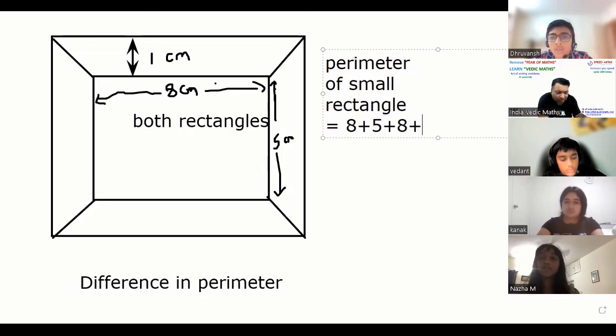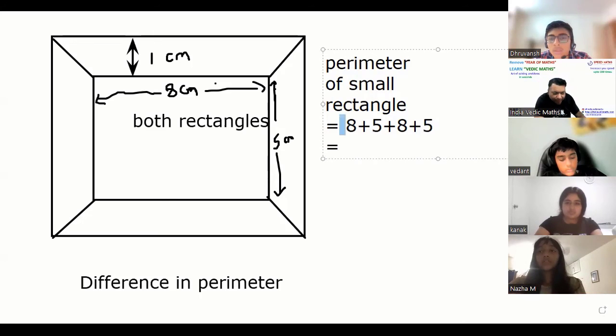A rectangle has equal opposite sides, right? If top is 8, this also will be 8. Yes, sir. If this is 5, this also will be 5, left and right. What is the perimeter of the smaller rectangle? 26 centimeter. Everybody agree?